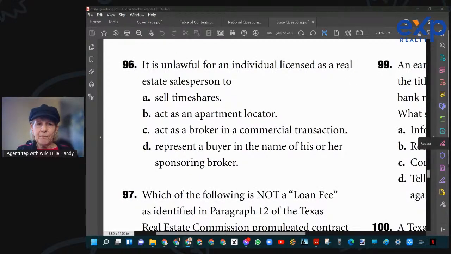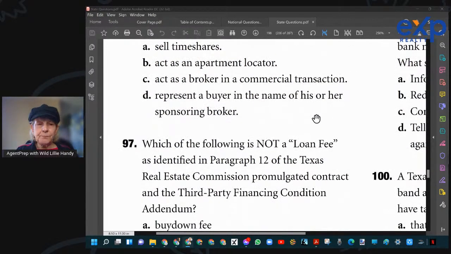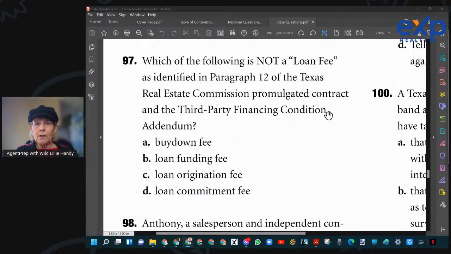Okay. All right. Number 97. Which of the following is not a loan fee as identified in paragraph 12 of the Texas Real Estate Commission promulgated contract and the third-party financing condition addendum? A, buy down fee. B, loan funding fee.